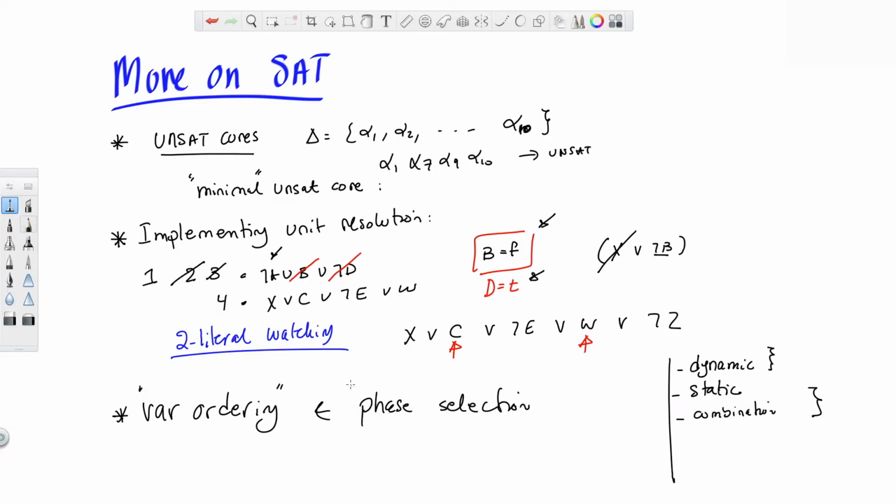And the word on phase selection is pretty short here. This is when you pick a variable x: do you try x and then not x, or do you try not x and then x first, right?